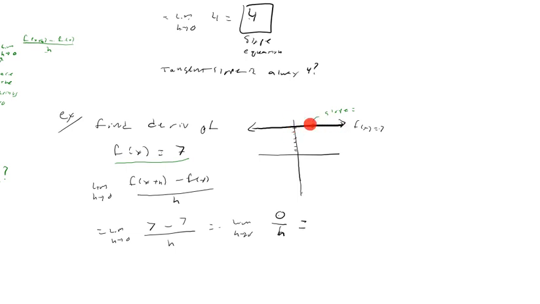Anybody remember? What's the slope of a flat line? Correct, Jessica. It is 0. So when I have the limit of 0 over h, my answer for this slope is going to be 0. And it is 0 everywhere.